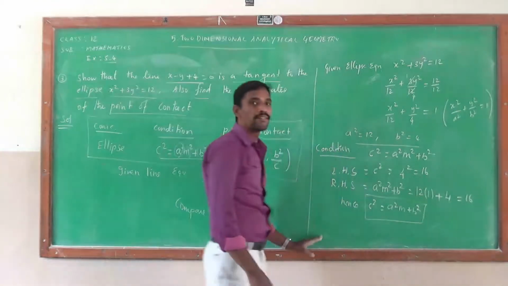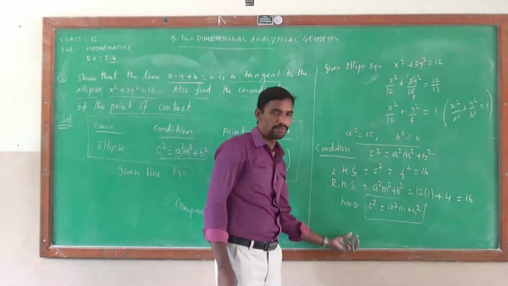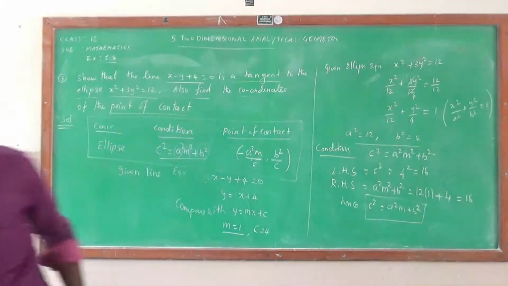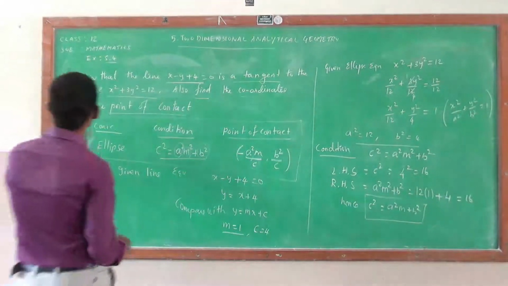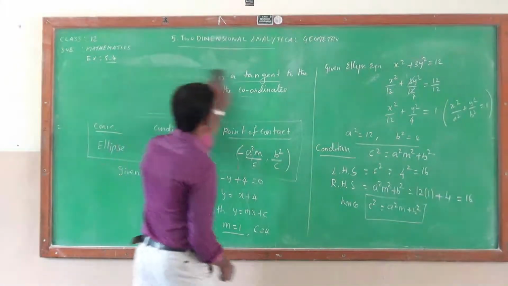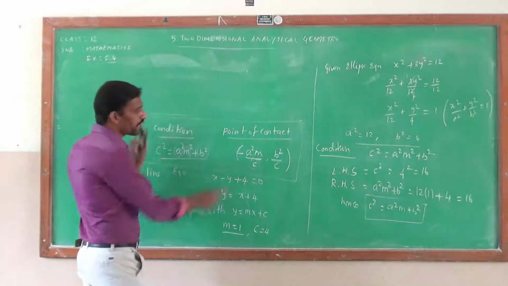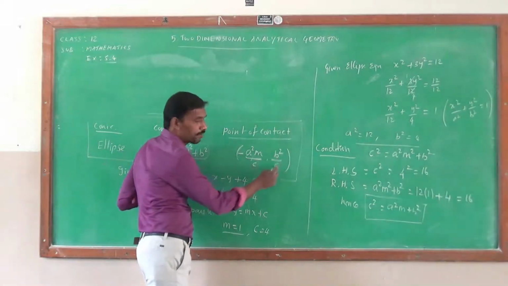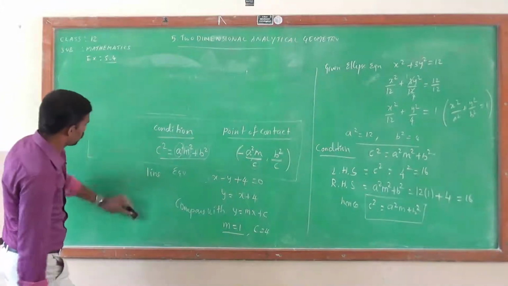So we can write here the line is tangent to the ellipse. Now we want to find out the point of contact. So what is the point of contact? Minus a square m divided by c comma b square by c.